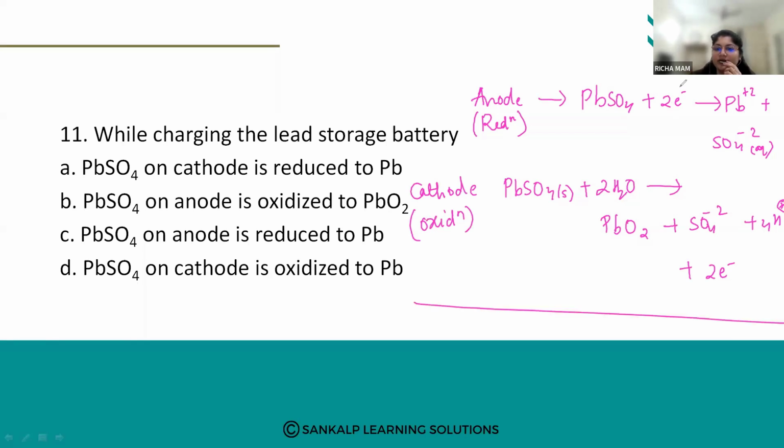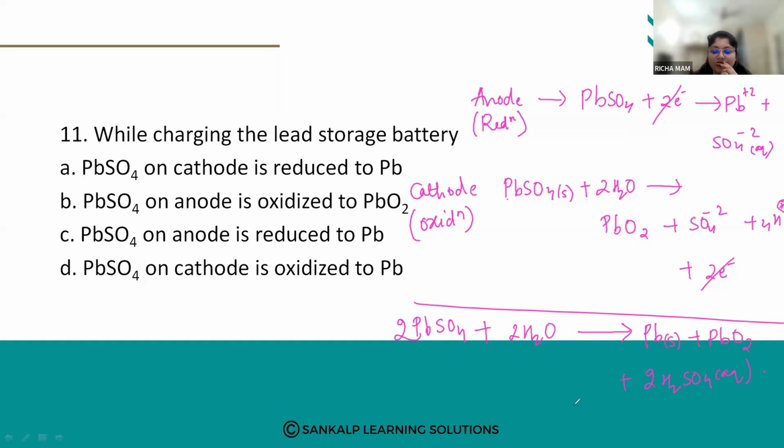When you write the overall reaction, it will be 2 PbSO4 plus 2 H2O on the left hand side, giving Pb plus PbO2, and H and SO4 will combine to give 2 H2SO4.